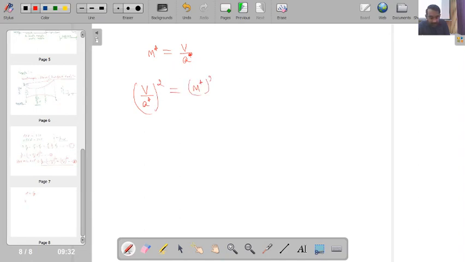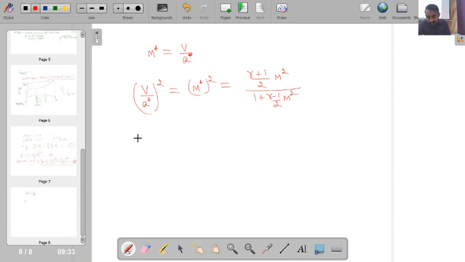And M star square, if you recall in the previous lectures while we discussed the normal shock waves, we obtained the relationship between M star and M, and the relationship was gamma plus 1 by 2 M square divided by 1 plus gamma minus 1 by 2 M square.